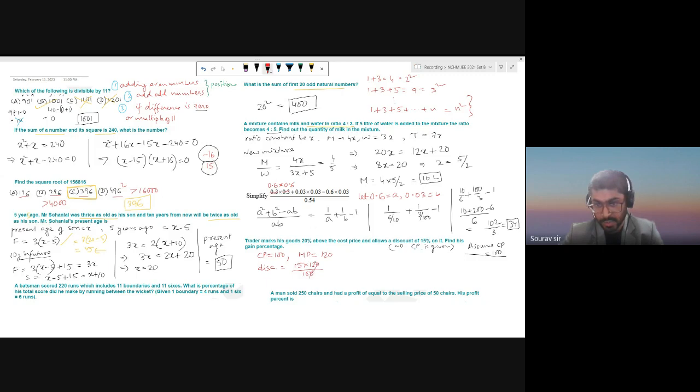Right? That's 18. That would be the sell price, would be MP minus discount, right? That would be 120 minus 18, 102.